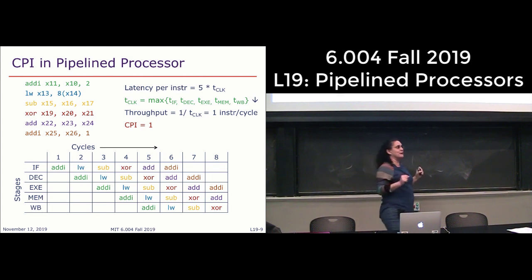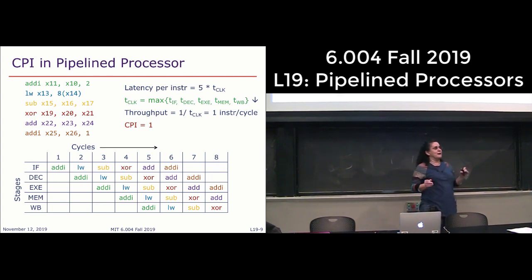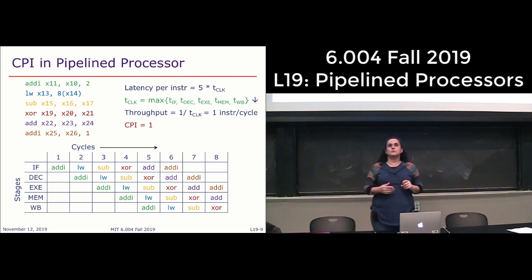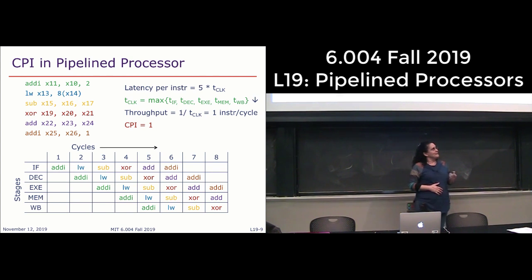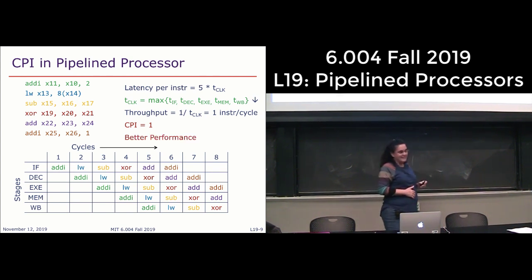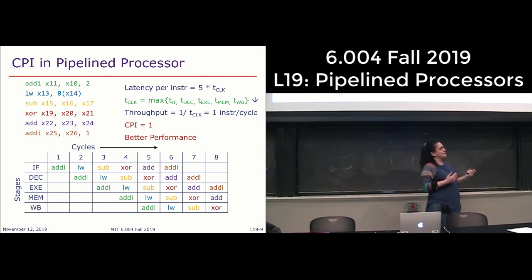This is assuming that everything works well and that I'm able to keep my pipeline full and actually outputting instructions once every cycle. Okay, well, of course, it turns out that things aren't quite that simple, and we're going to see what kind of problems actually arise.